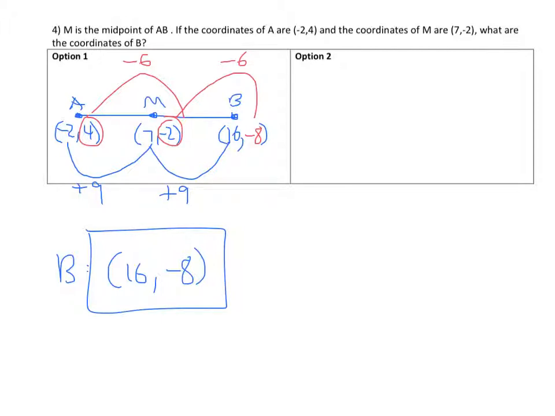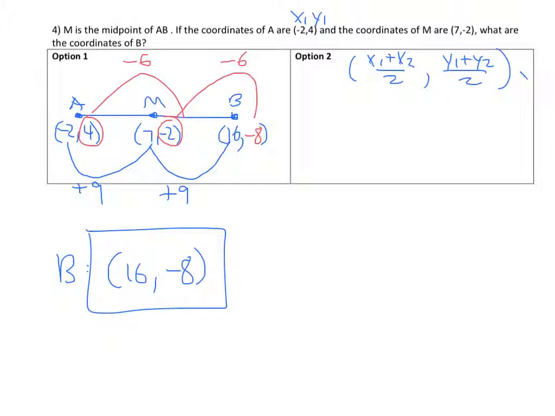Okay, the other way to do this problem is using the midpoint formula. The midpoint formula is x1 plus x2 divided by 2 and y1 plus y2 divided by 2. I know x1, y1, that's my point A. Then M is the coordinates of the midpoint, but I don't know x2, y2.